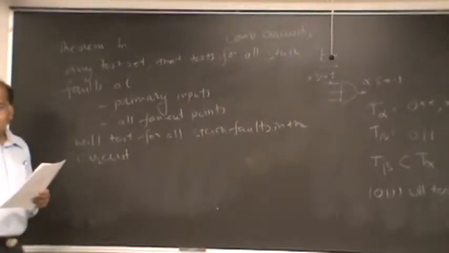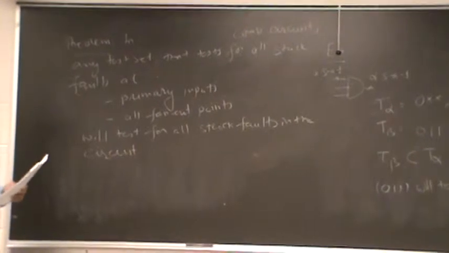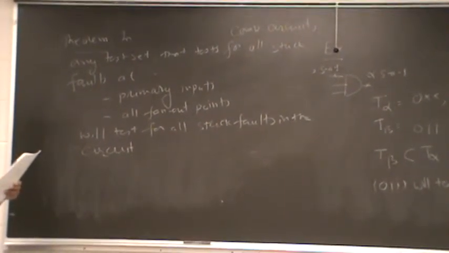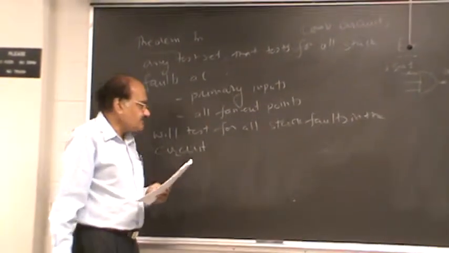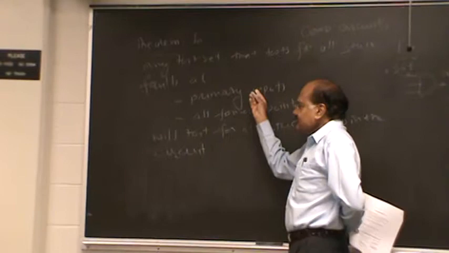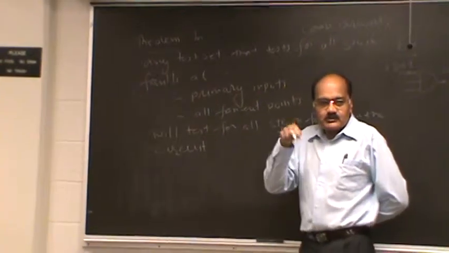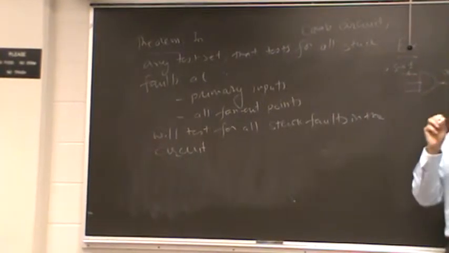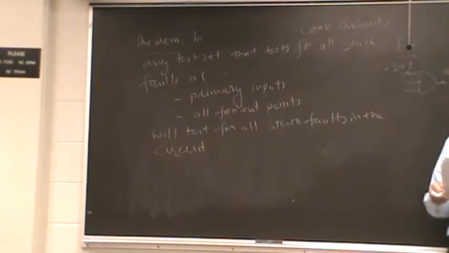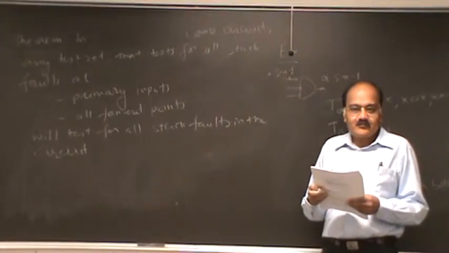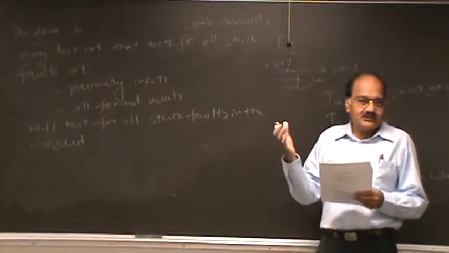Now both of these theorems have a proof, and the proofs are not very hard, but we are going to skip the proofs just to save a little bit of time. But this says that if you can test for all the faults at the primary inputs, and if you can test for all the faults at the fan-out points, then you will test for all possible faults in the circuit.